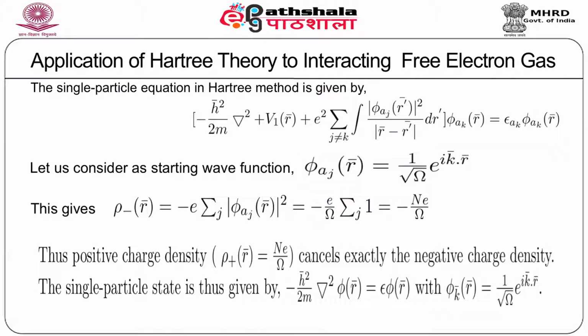Thus the positive charge density, which was given by plus Ne by omega, cancels exactly this negative charge density. The single particle state is then given by only the contribution from the first part, which is minus h cut square divided by 2m times del square phi equal to E psi, and the solution is the free electron wave function which we started with.